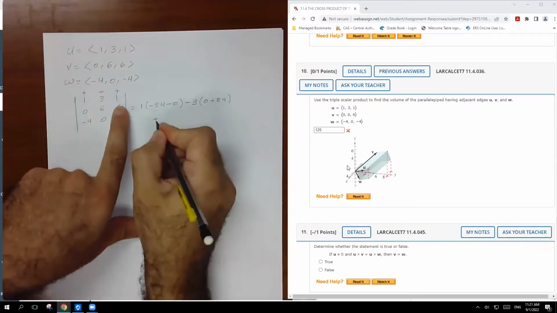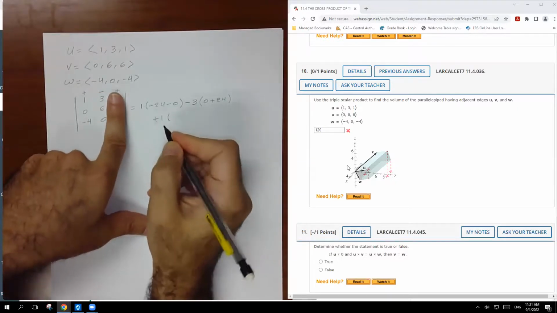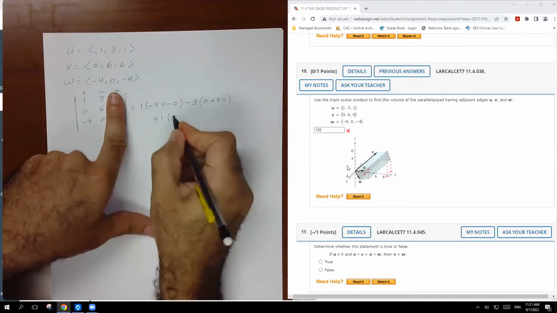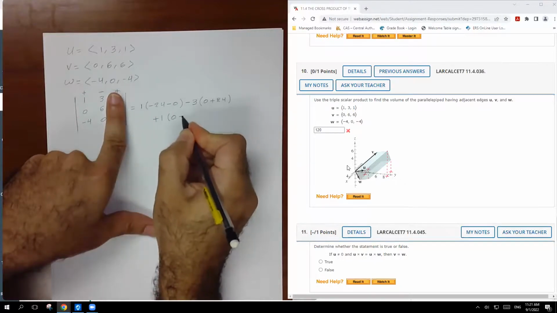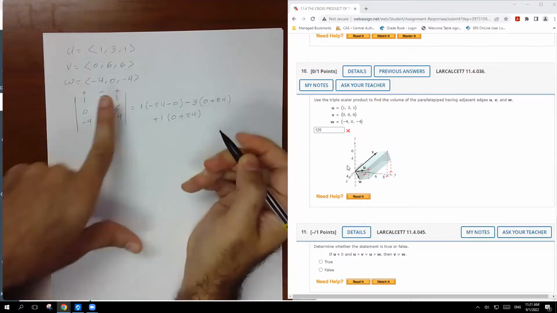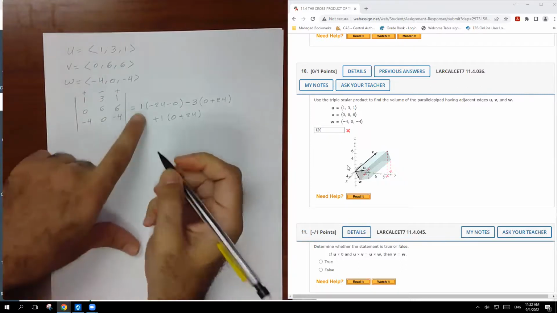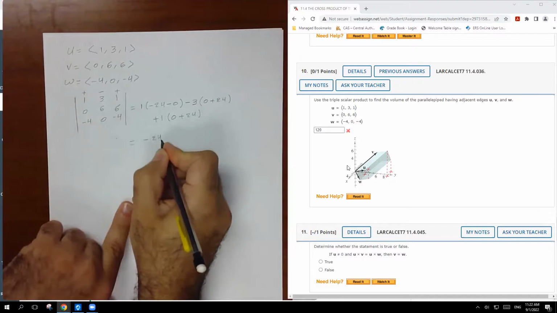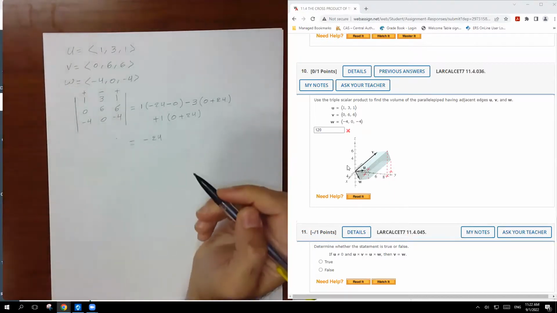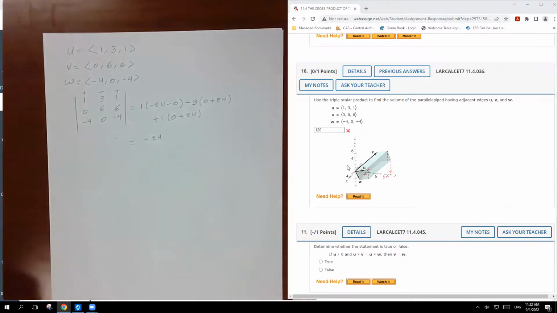Plus 1. And hide this one. It's going to be 0 minus 3 plus 24. So this one is going to be negative 24. 3 times 24. Is that 72? 72.